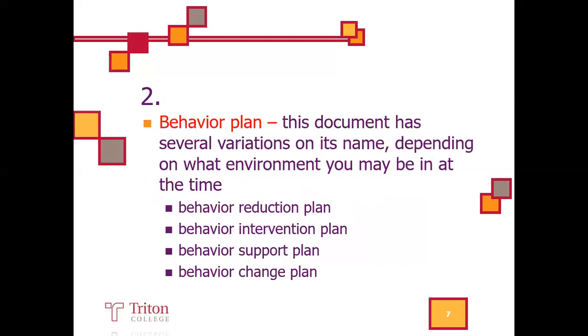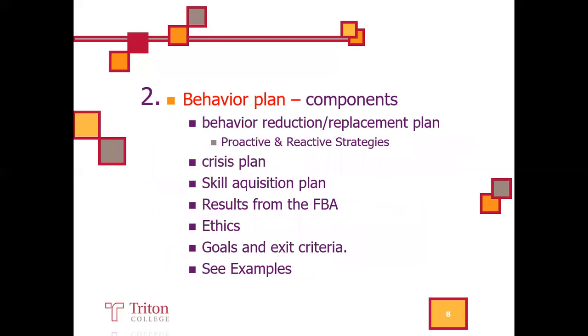So behavior plan, this document has several variations in its name, depending on what environment and what profession you work in. It could be called the behavior reduction plan, behavior intervention plan, behavior support plan, behavior change plan. But they all have several key components.